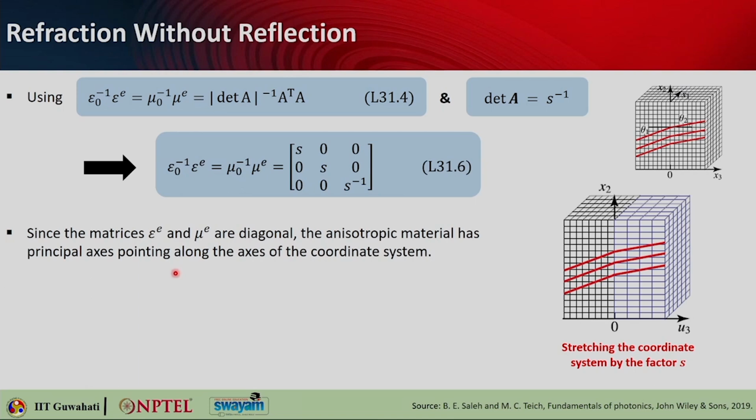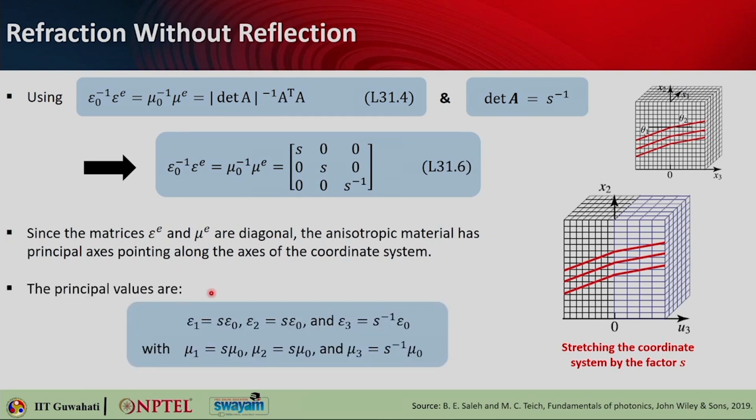Okay, that is clear. And the values in this case are epsilon 1 will be S epsilon naught, epsilon 2 will also be S epsilon naught, whereas epsilon 3 will be S inverse epsilon naught.